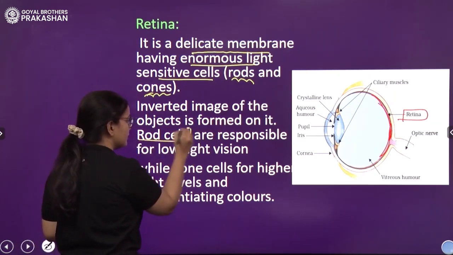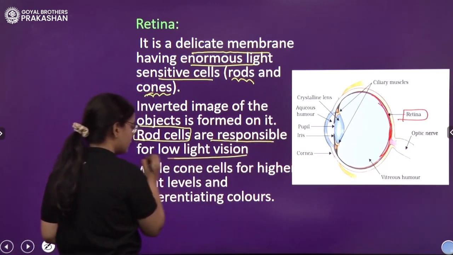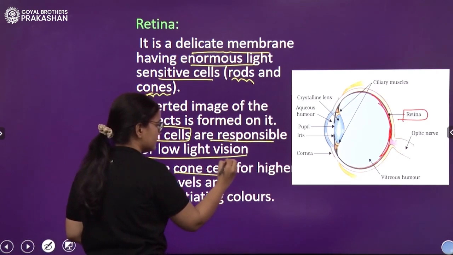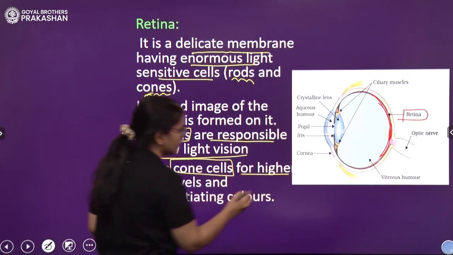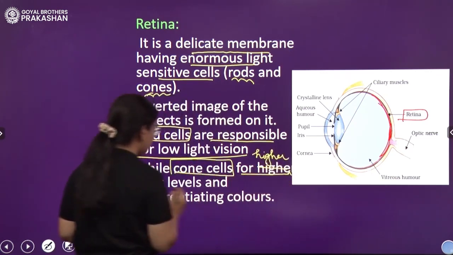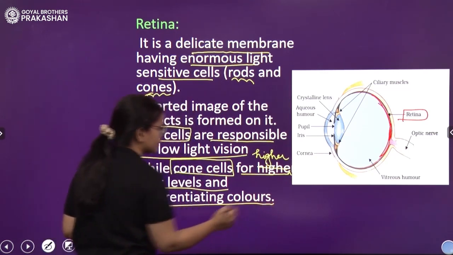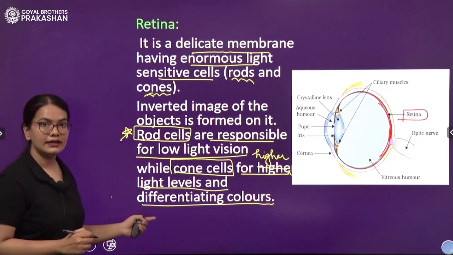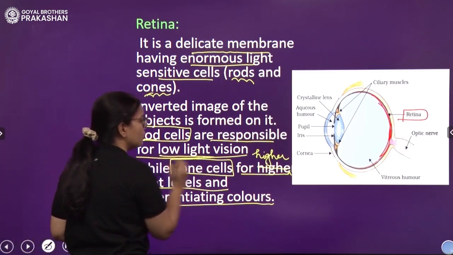Rod cells are responsible for low light vision, while cone cells are for higher light levels and differentiating colors. Okay, you need to understand this, that rod cells are used for low light vision.